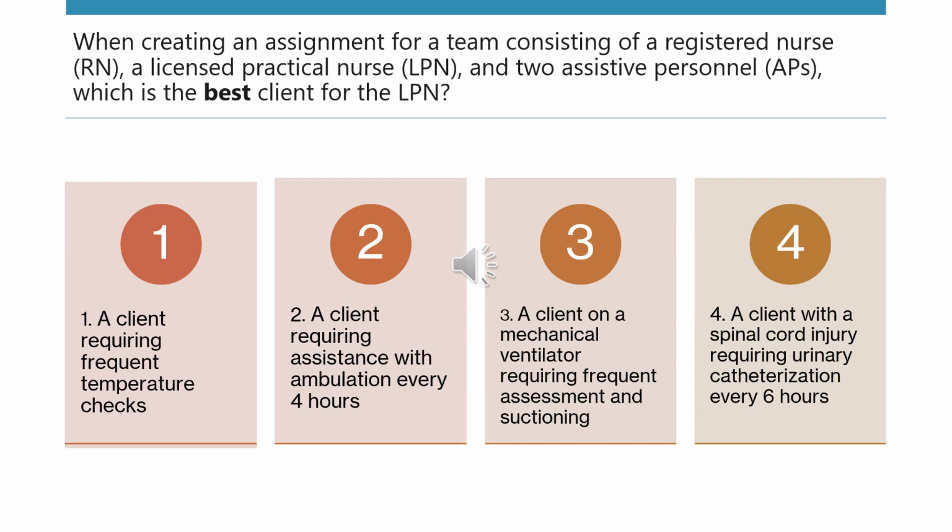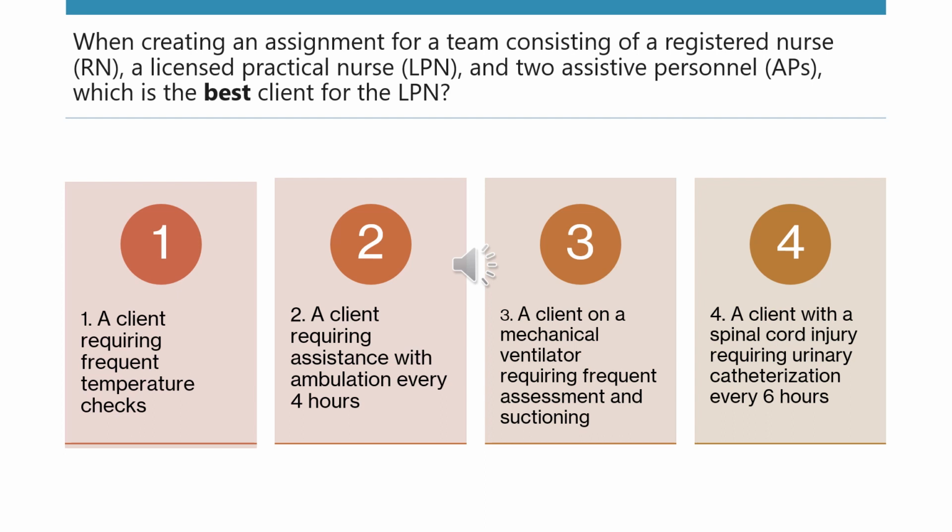Okay, so this week's question says, when creating an assignment for a team consisting of a registered nurse, a licensed practical nurse, and two assistive personnel, which is the best client for the LPN? Option 1, a client requiring frequent temperature checks.